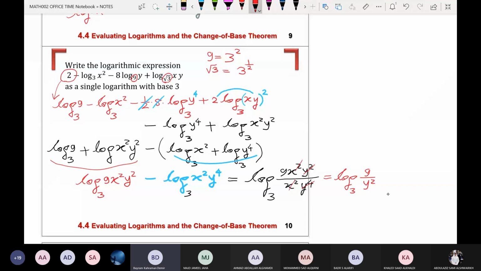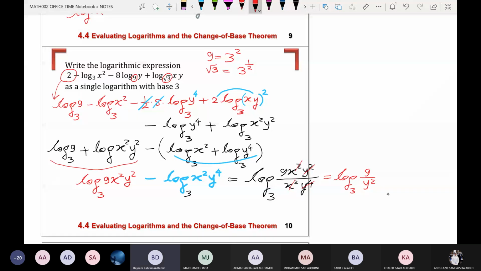So in the first one, we have plus logarithm 9 and also plus logarithm x squared y squared, right? These are plus. So we are writing 9 x squared y squared at the numerator. And we have minus logarithm x squared and minus logarithm y to the power 4. So that means x squared and y to the 4th power will be at the denominator.